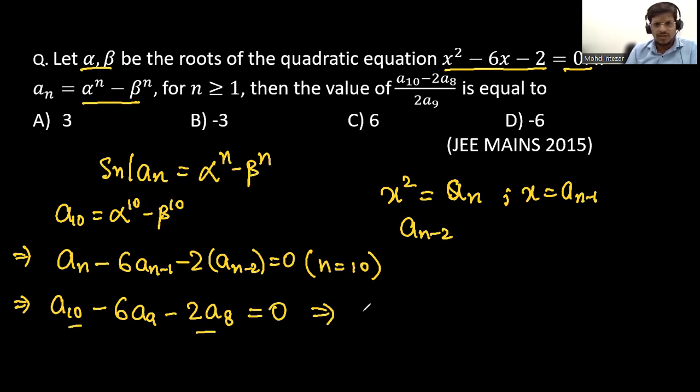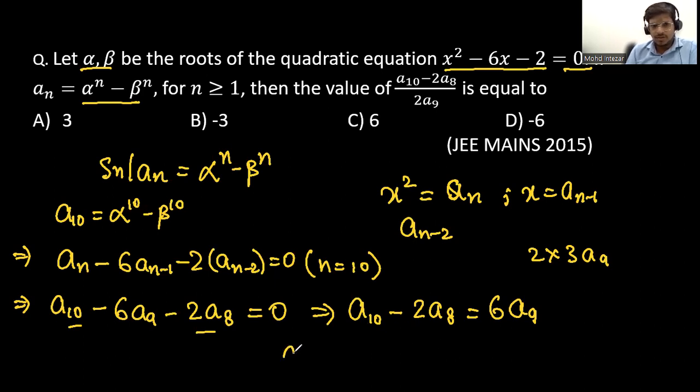We can take 6 A9 to the right side, so A10 minus twice of A8 equals 6 times A9. Now we can bring twice A9 below, writing it as 2 into 3 A9, so A10 minus twice A8 divided by twice A9 will be 3. So the correct answer will be option A, 3. I hope you have understood this. Okay, thank you so much.